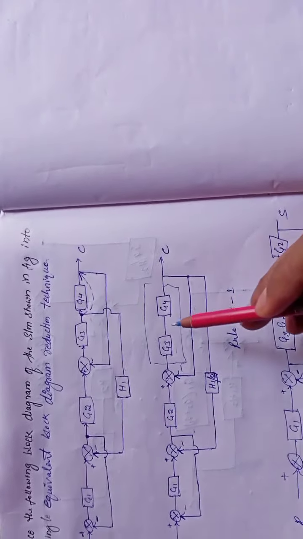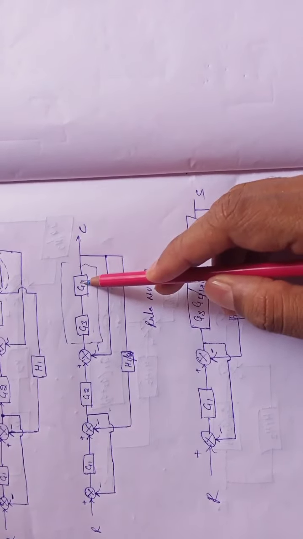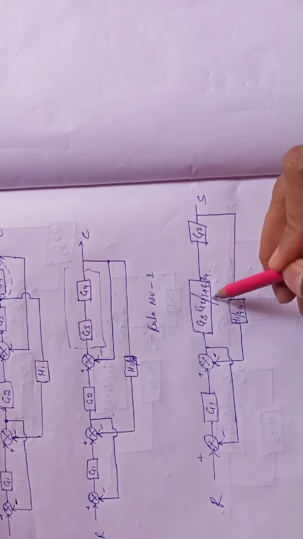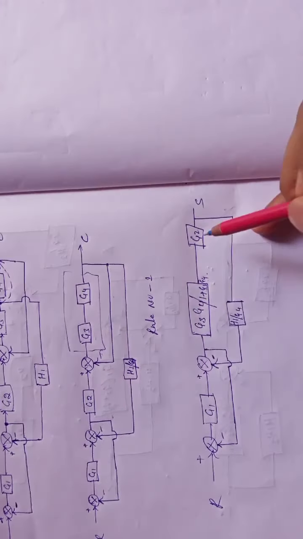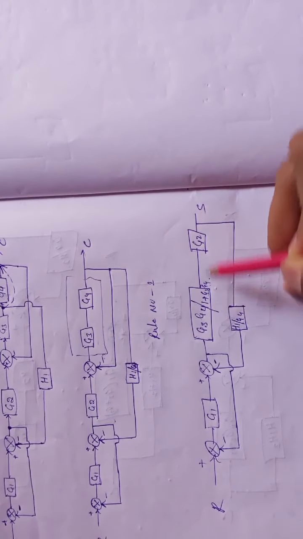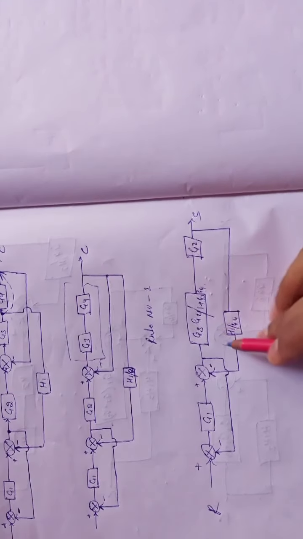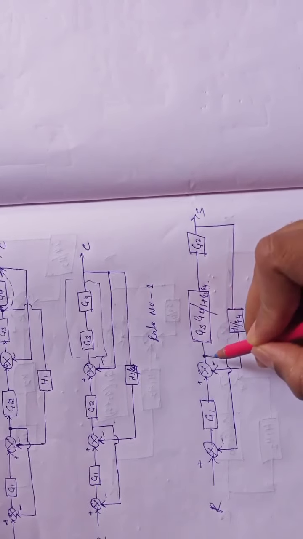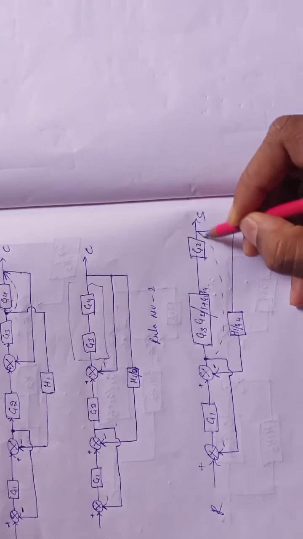Now this entire portion comes in the feedback form. That feedback block is reduced as G3 G4 divided by 1 plus G3 into G4, because here the sign is minus. This G2 block I have written here, and these two blocks are in cascade. Now this point we have to shift ahead of these two.